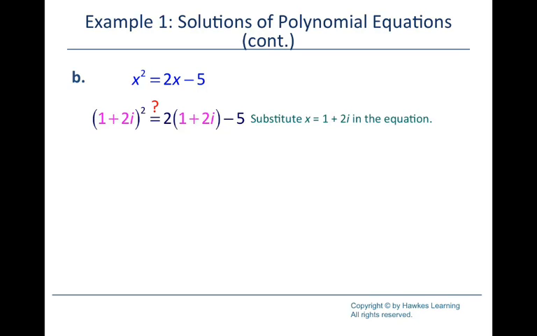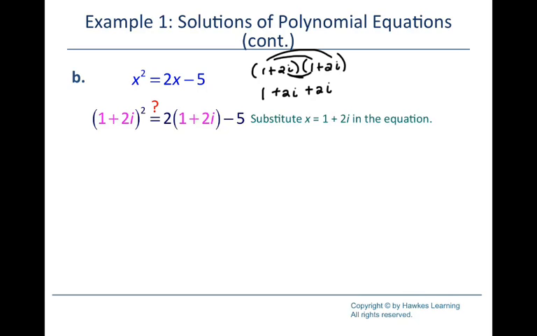1 plus 2i squared is the same as 1 plus 2i times 1 plus 2i. And we double distribute, our FOIL. So I have 1 times 1 is 1. 1 times 2i is plus 2i. Now I go to the 2i and distribute that, so I have another plus 2i.